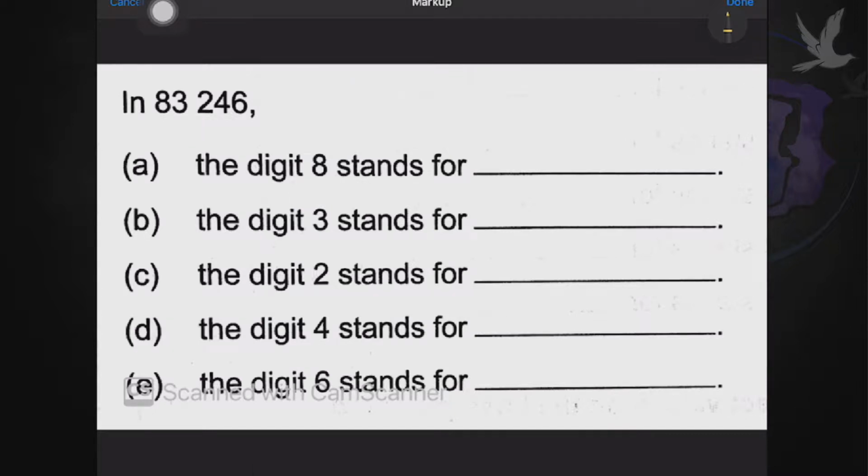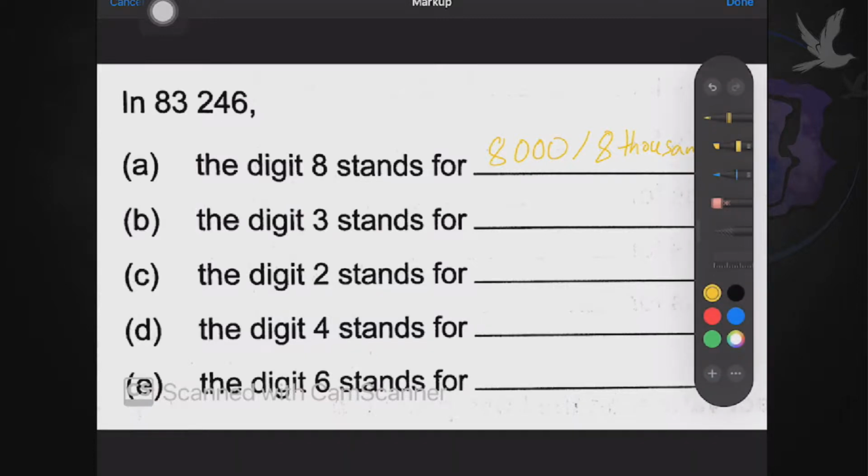So for this activity, what is asked here is also the value of the digit. So for example, the digit 8. The digit 8 stands for 8,000. Or you can also write it as 8 thousands. Yes, that's with an S. But in this case, I'm just gonna consider, oops, sorry. I apologize for that mistake.